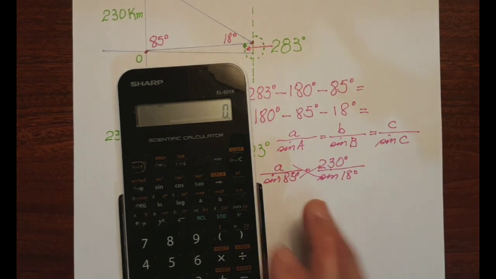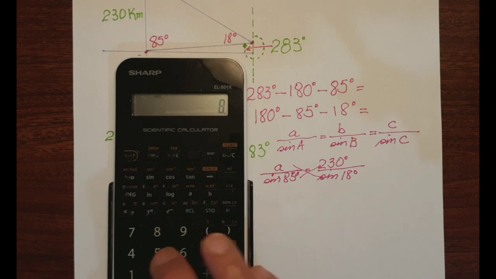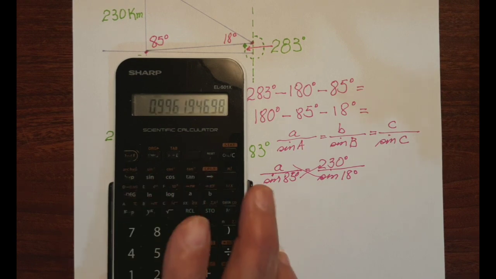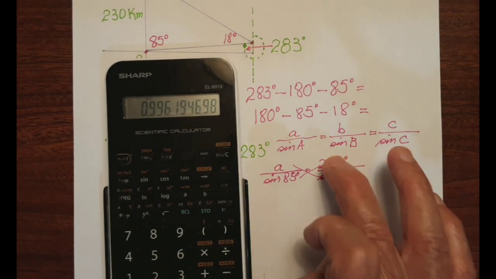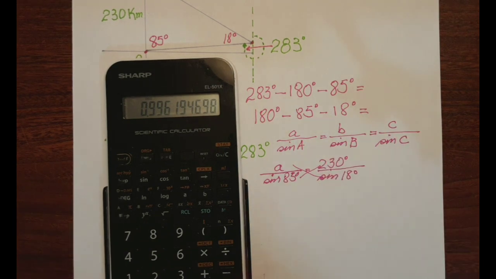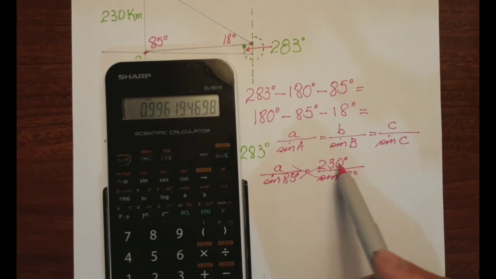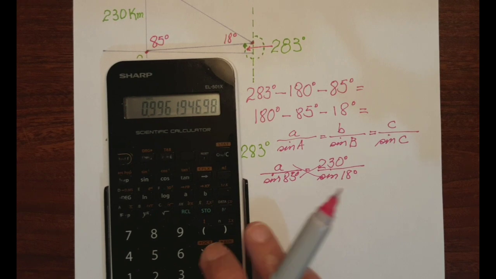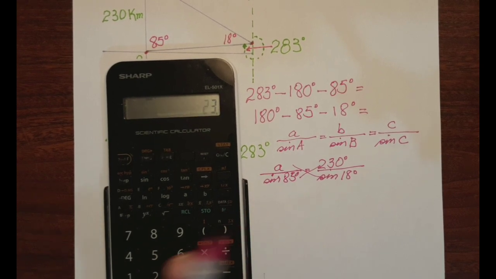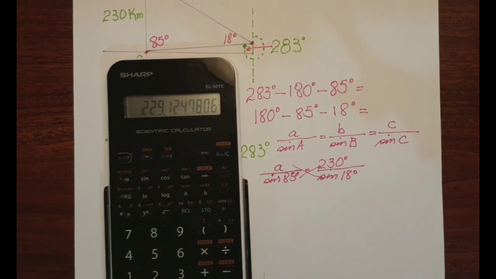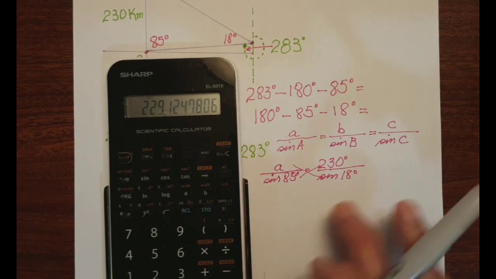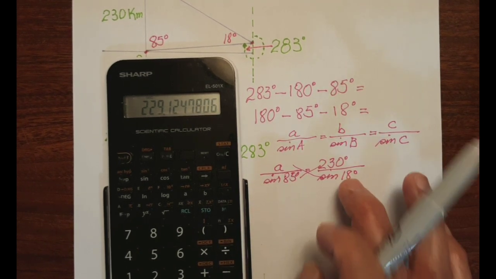Let's do it. Sine of 85 times 230 equals, now divided by the sine of 18.